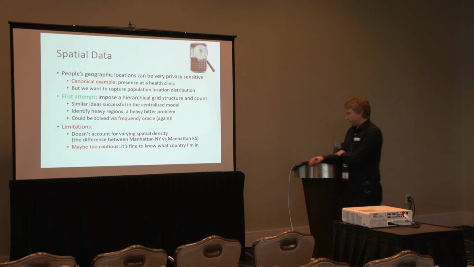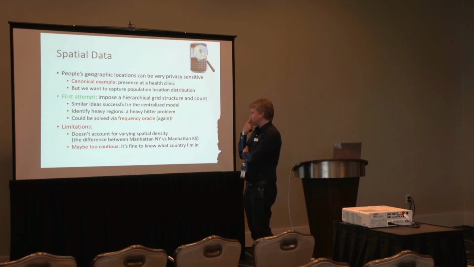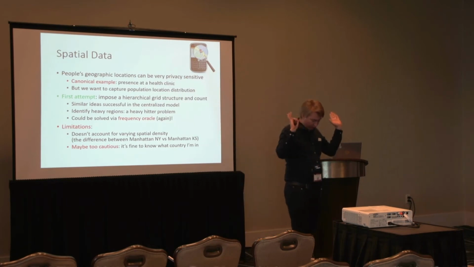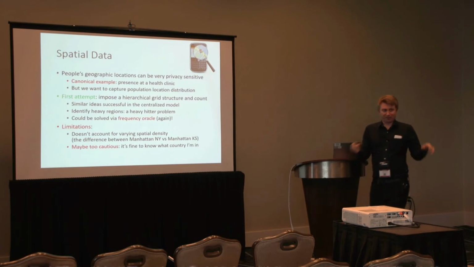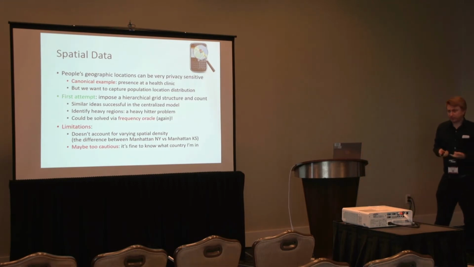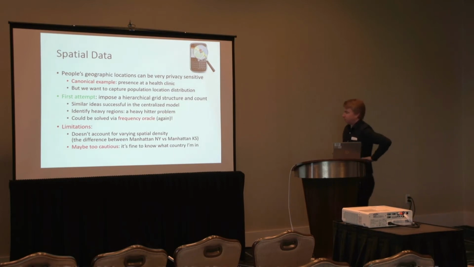And another is that sometimes this definition of privacy is perhaps a bit too strong. So I might say, look, I'm going to tell you I'm in Texas. Don't want you to know exactly where I am in Texas, but I'm fine with you knowing what state I'm in. Someone else might say it's fine that you know that I'm in Houston, but not exactly where in the city I am.